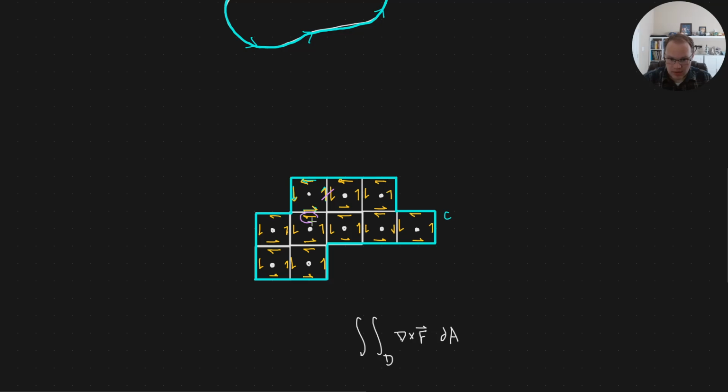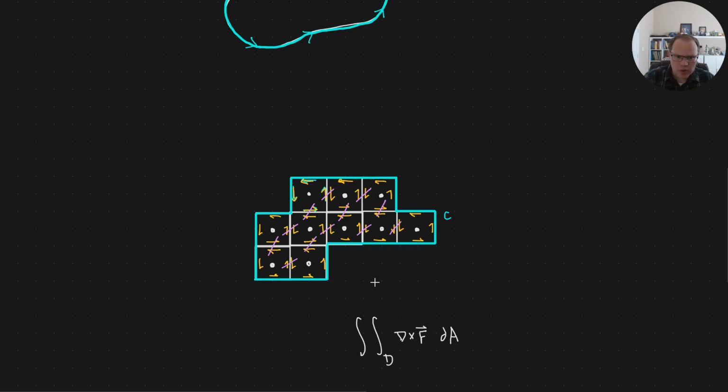Similarly here, this box here, the top edge, we could see we're measuring the circulation as we go left, but we're measuring the same circulation along the same edge going right, so we're measuring the same amount, but just in opposite directions. So we'll get opposite signs, and so those will cancel also. So every time we share an edge, we're measuring the same circulation, but in opposite directions, so they will cancel. That's going to happen with every single shared edge. Okay?